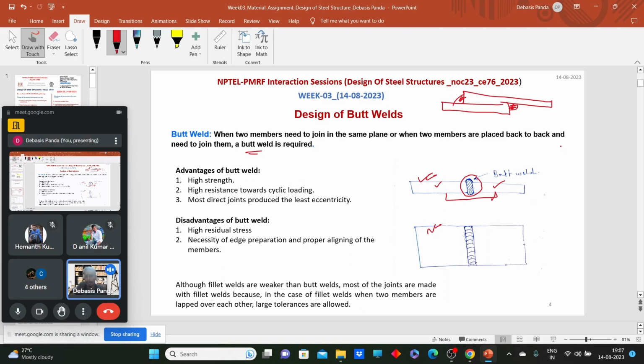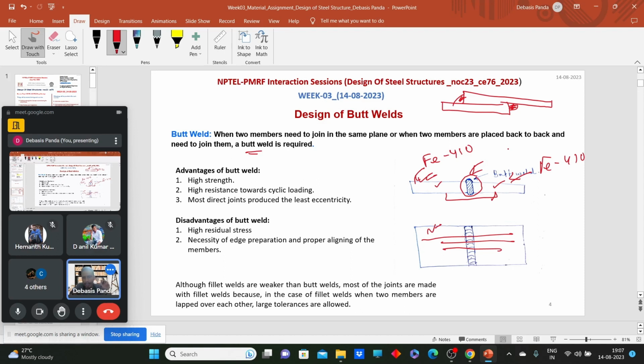Now, this butt weld has certain advantages over fillet weld. Think about it: this is an Fe410 plate, and this is also an Fe410 plate. If we make this deposit material Fe410 or more than Fe410, this becomes a solid plate, right?